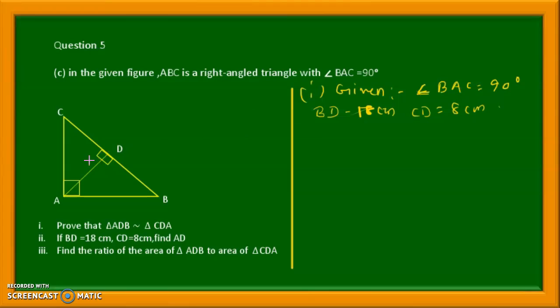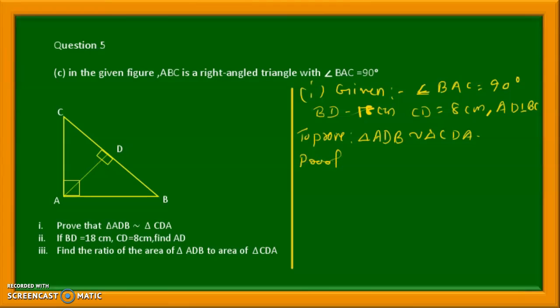And also given AD is perpendicular to BC. That much given here. Now what we need to prove: we need to prove that triangle ADB is similar to triangle CDA. Correct? This one we need to prove.